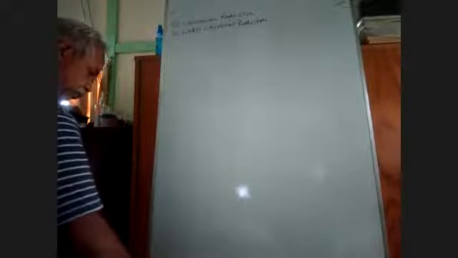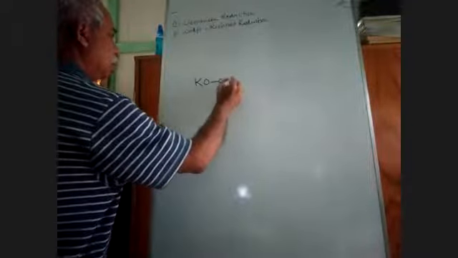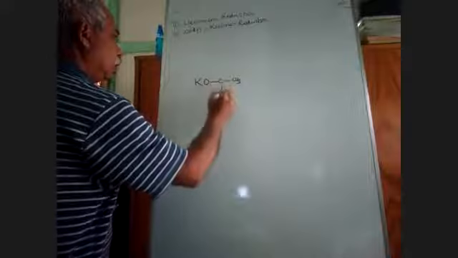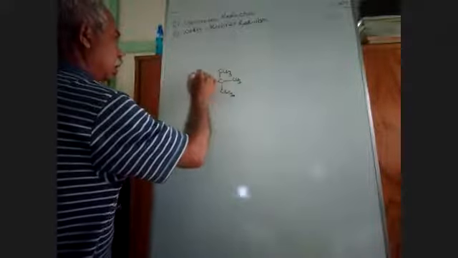Okay, so you should know how potassium tertiary butoxide looks like. See, this is the structure of potassium tertiary butoxide. Draw potassium tertiary butoxide.